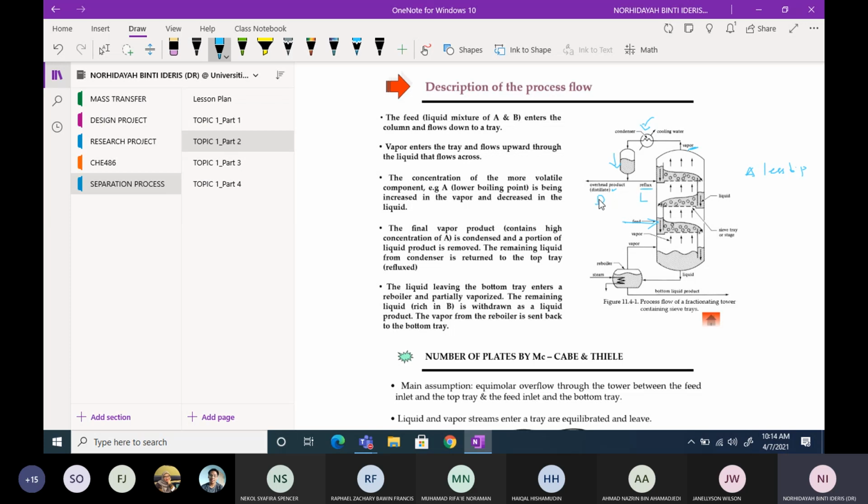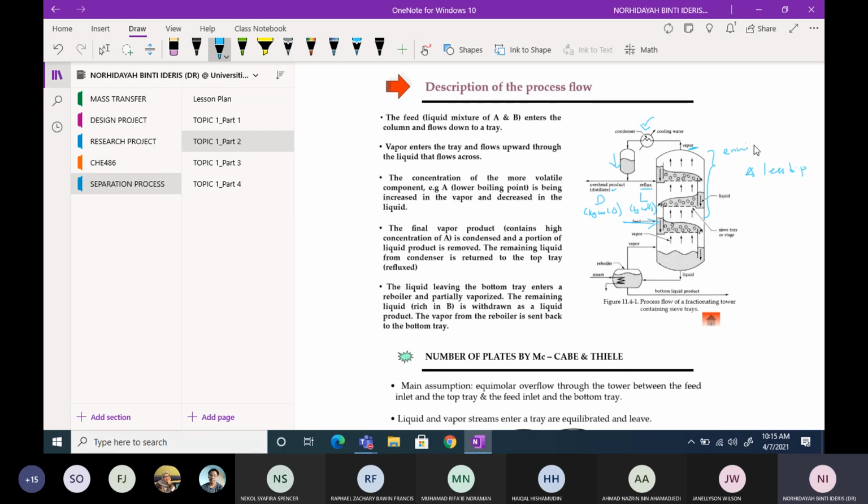So D here is in units of, let's say, kilogram mole per second. L is also in kilogram mole per second. This is the reflux. So that's for the upper part. The part above the feed, until the top, we refer to as the enriching section.